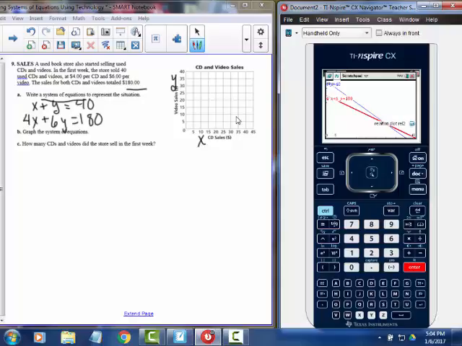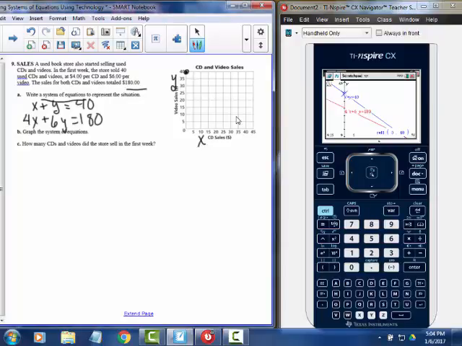Okay, so now that we've got it graphed on there, we want to get it graphed on our paper. So if we hit menu trace, so that's menu 5, 1, we can figure out, well, where is it touching here on the y-intercept? We're at 0, 40, so we know that we're here. Okay.